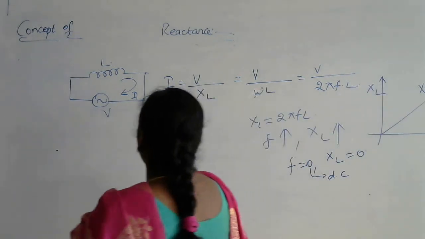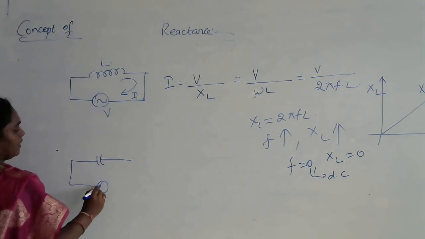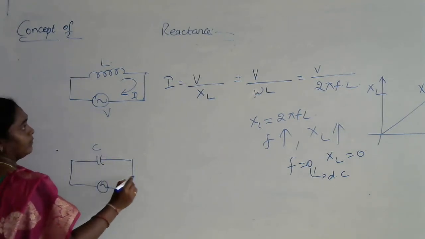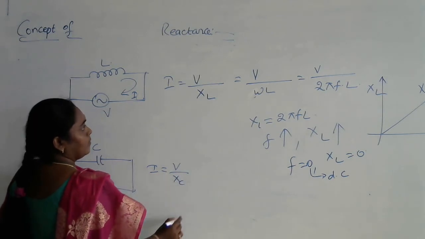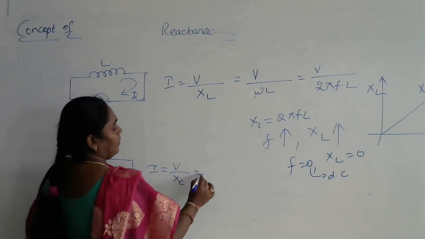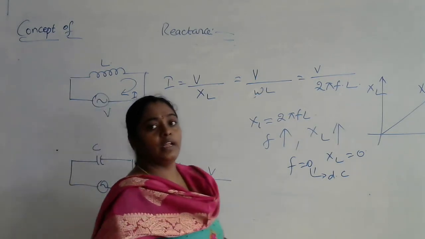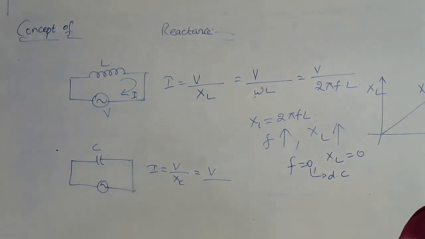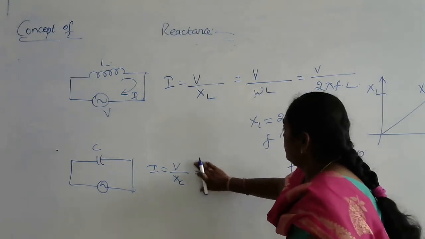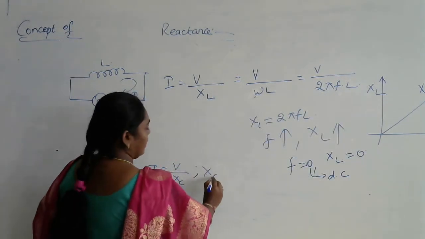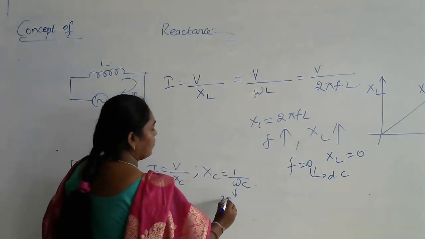But if you take the concept of a capacitance, we have I is equivalent to V by Xc, where Xc is nothing but 1 by j omega c. So Xc is 1 by omega c, where omega is 2 pi f.